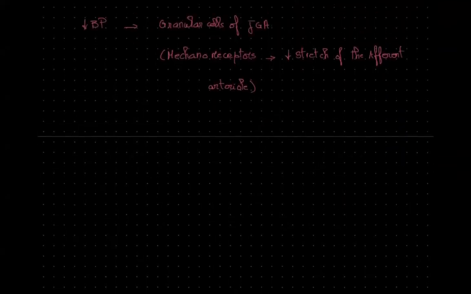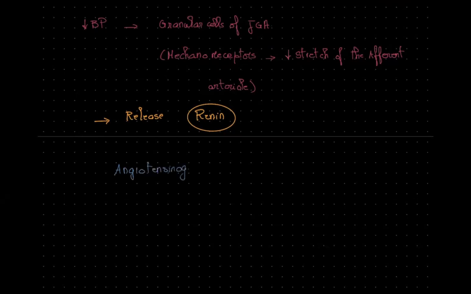How would I respond? The granular cells start to release renin. So my question now is how this renin is going to be increasing my blood pressure. So we need to state that renin converts angiotensinogen to angiotensin 1.